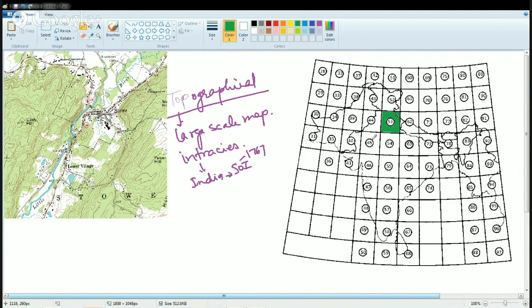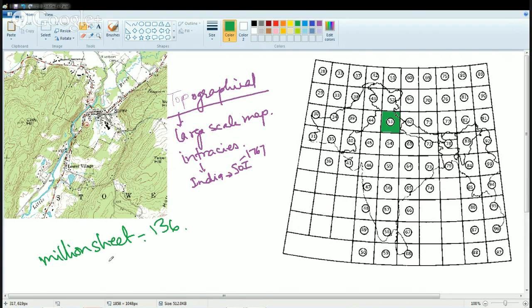This is what is known as the million sheet. Now what is a million sheet? There are a total of 136 such sheets which cover the entire Indian subcontinent.